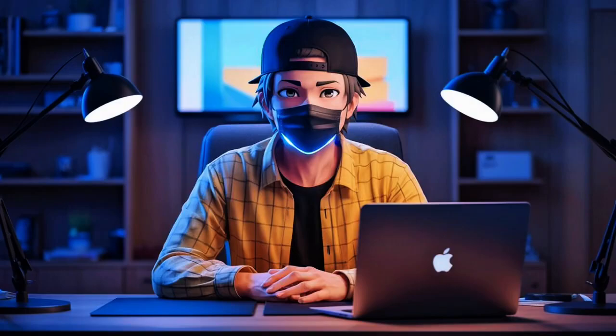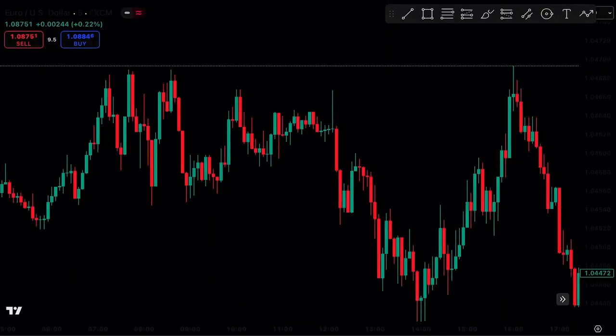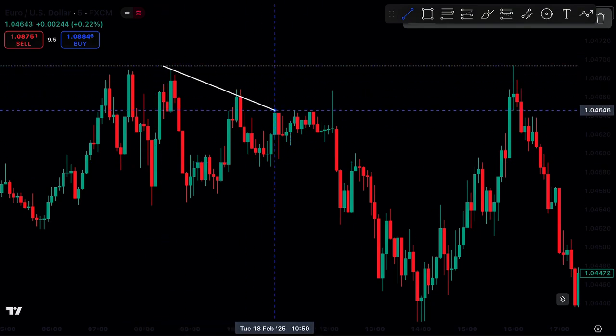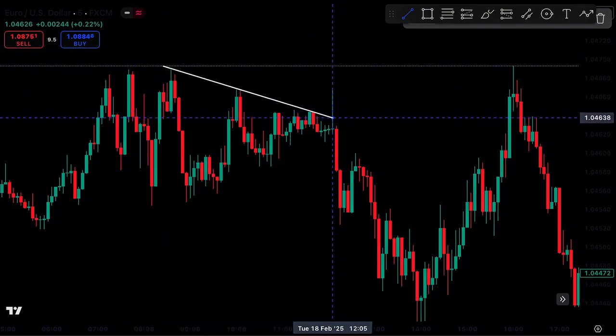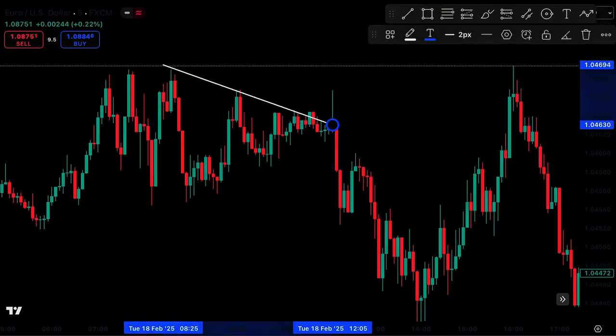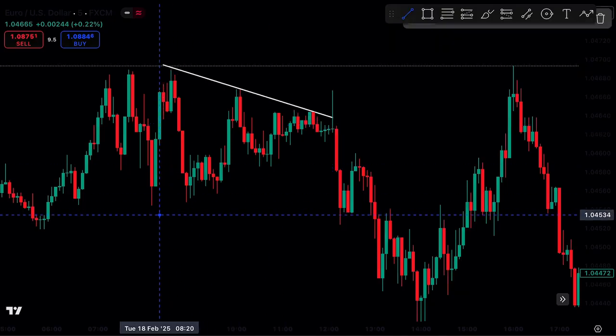Now let's look at a live chart example and trading strategy. Here's a perfect example of an FVG playing out exactly as expected. Here we can observe this chart pattern.